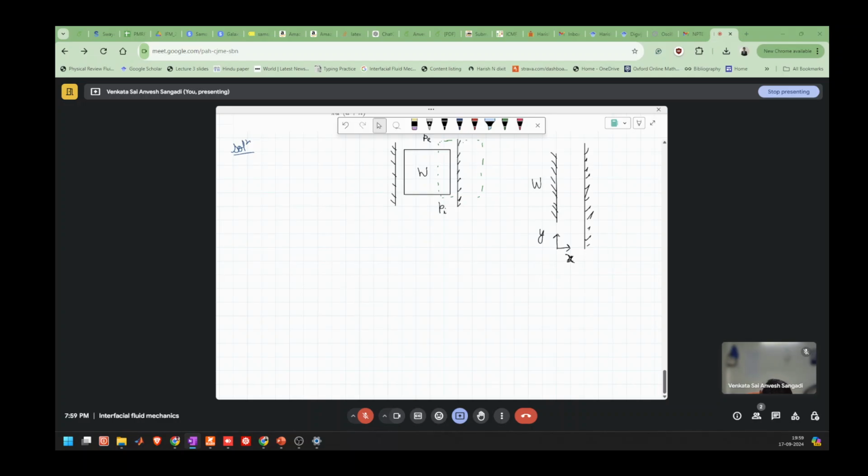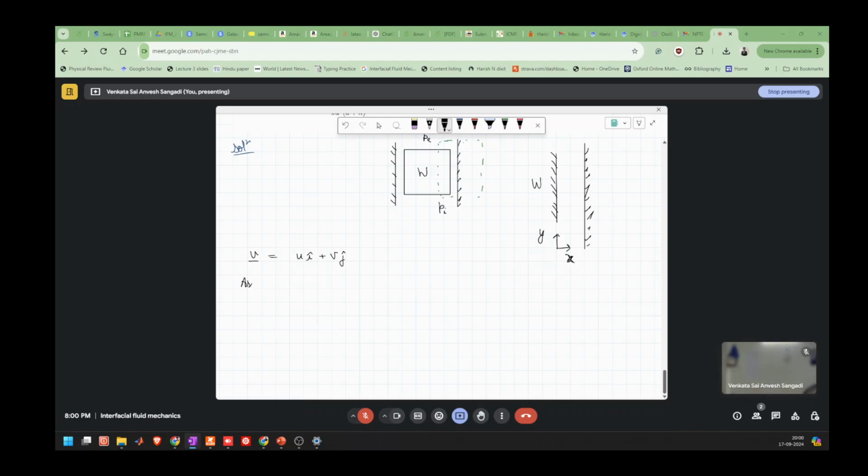So now we have the velocity field V equals U i cap plus V j cap. But the U component here is 0.